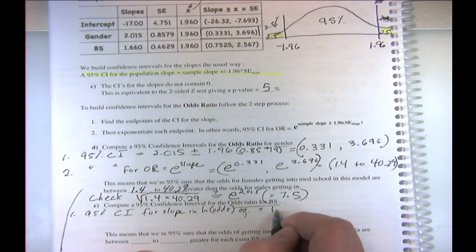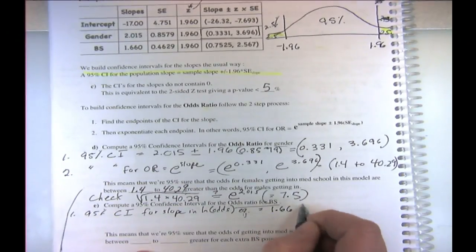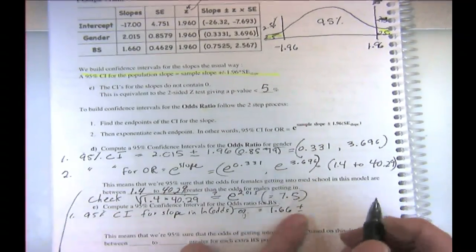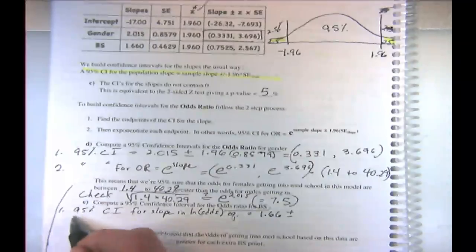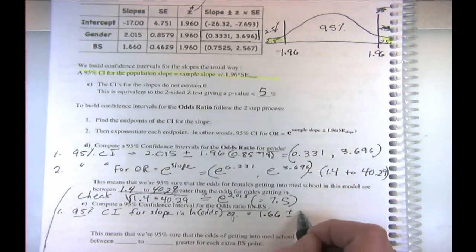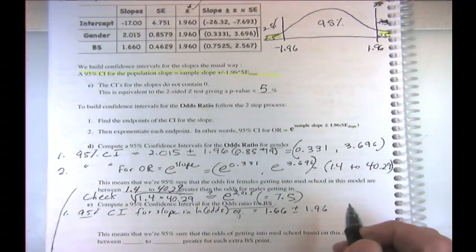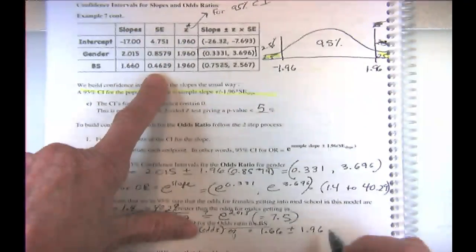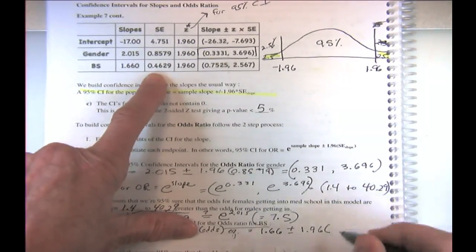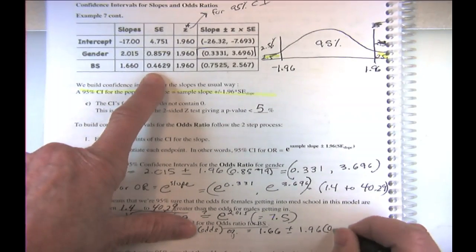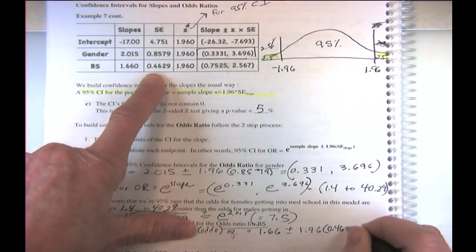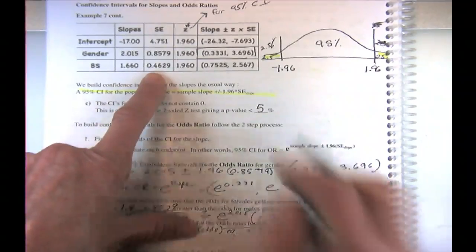So that's going to be your sample slope, 1.66, plus or minus, since it's 95%, we're going to do a little more exact than 1.96, times the standard error here, times 0.4629. And then you get this.